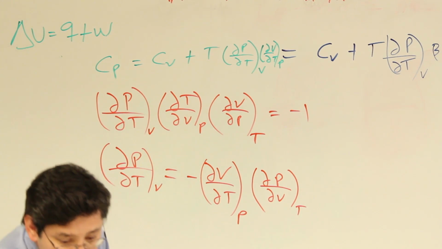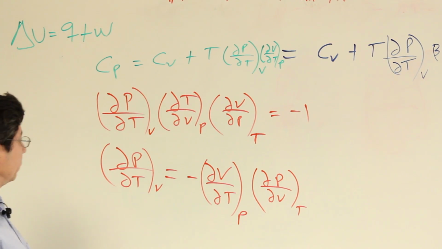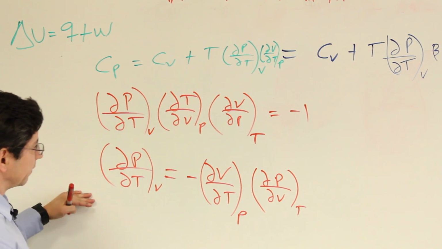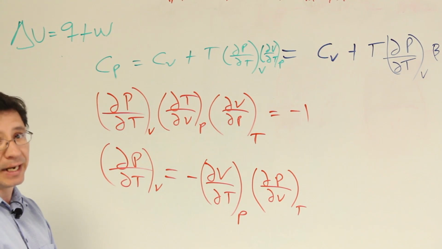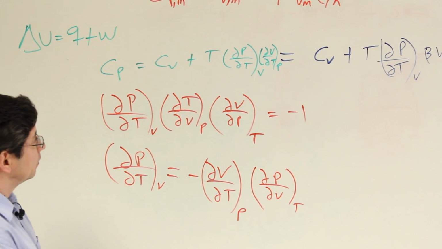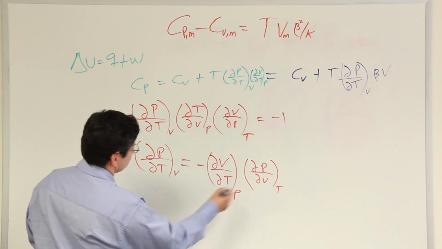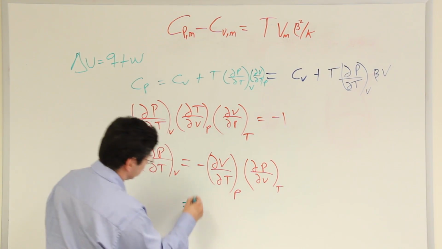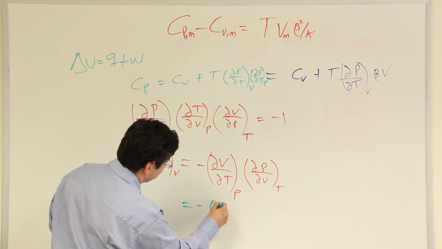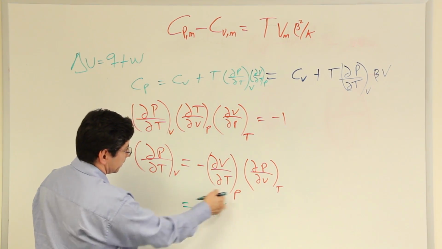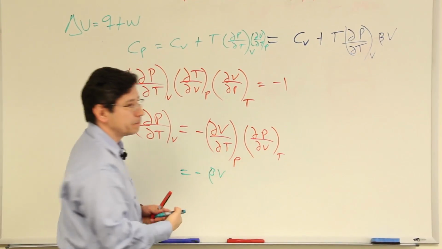Okay? So take a look at this final expression, the one that we have arrived at this point. So dV/dT, that again is beta times volume. So what we have here then is negative beta volume, the negative remains, and then dP/dV.